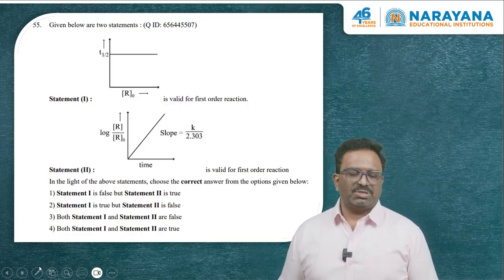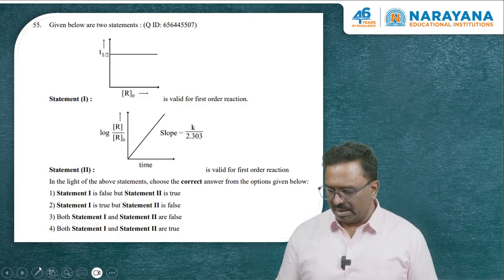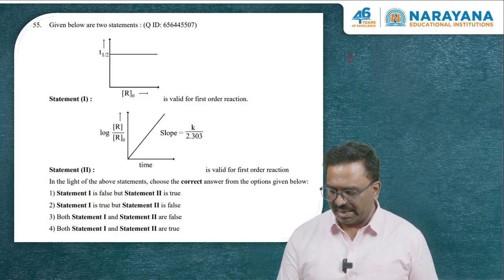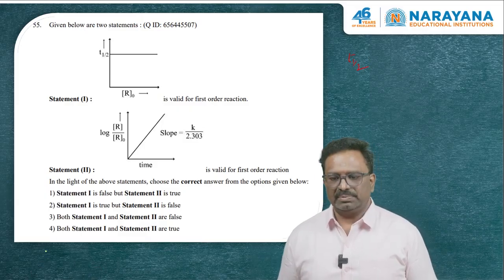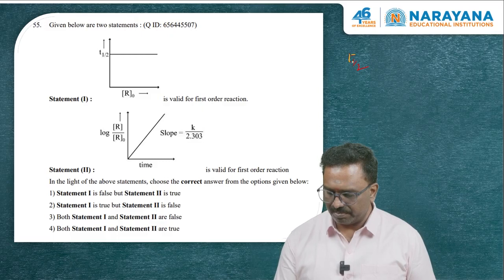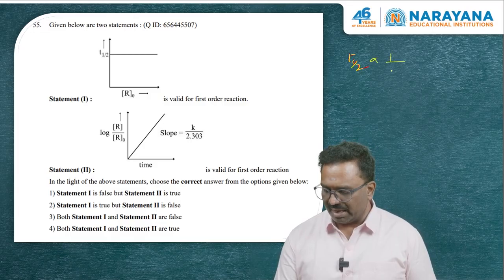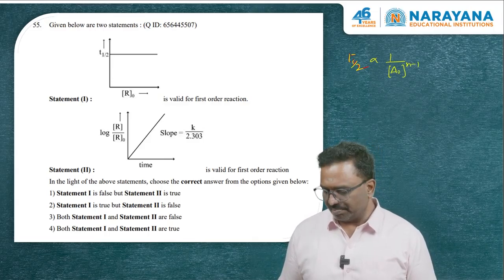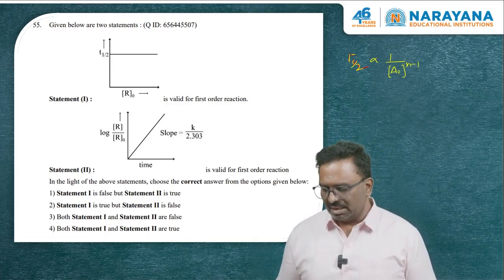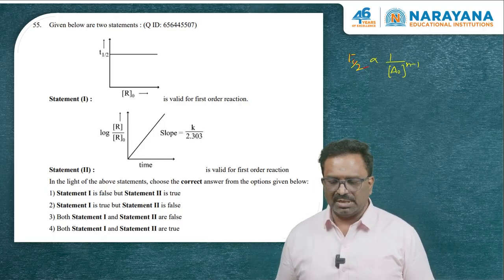When the initial concentration was specified for the half-life, actually half-life period t half is proportional to 1 by initial concentration to the power n minus 1. Here, with respect to the initial concentration, there is no change in half-life.